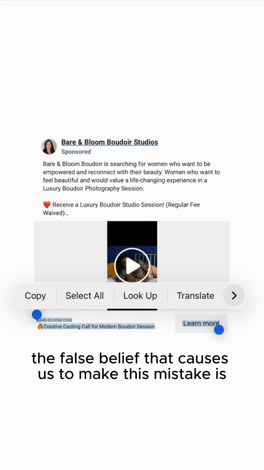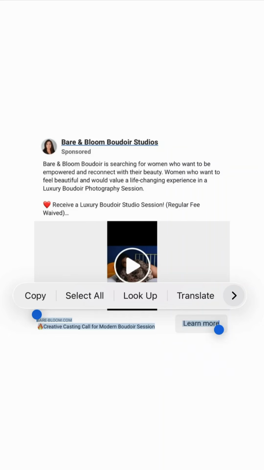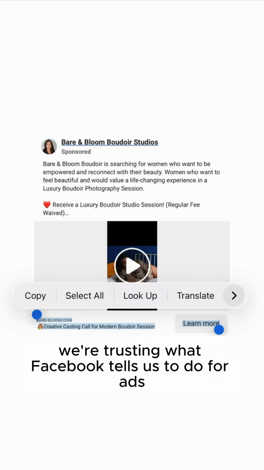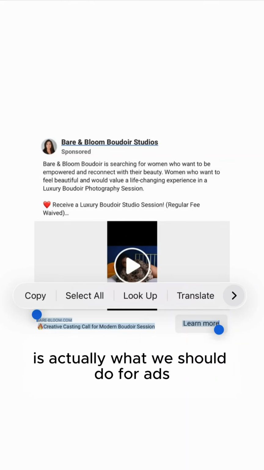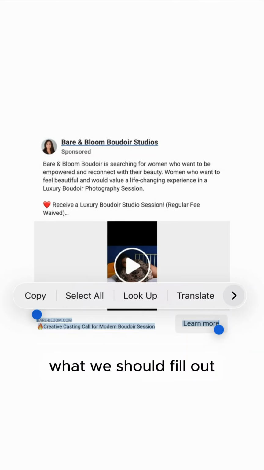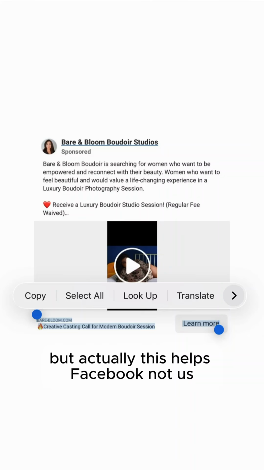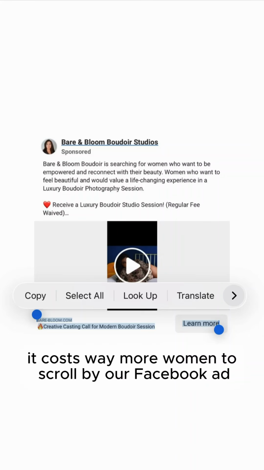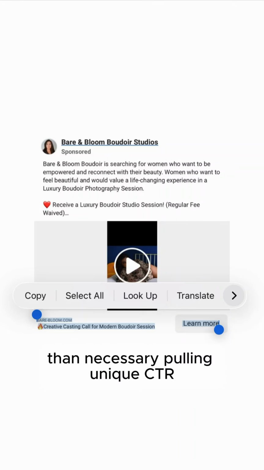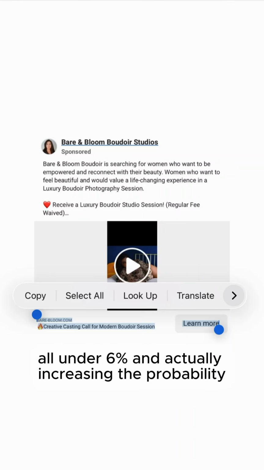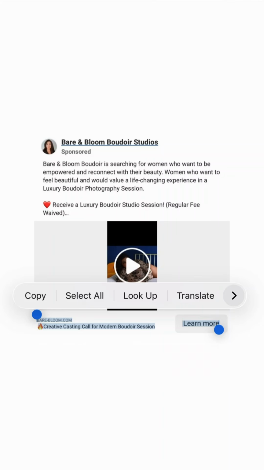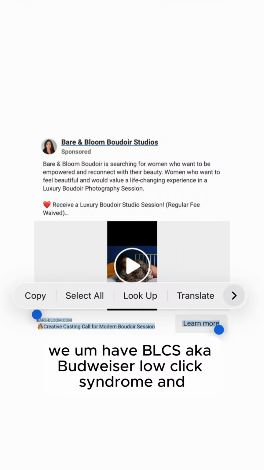The false belief that causes us to make this mistake is we're trusting that what Facebook tells us to do for our ad is actually what we should do for our ads, what we should fill out. But actually, this helps Facebook, not us. It actually hurts us. When we do this, it causes way more women to scroll by our Facebook ad than necessary, pulling unique CTR all under 6%, and actually increasing the probability we have BLCS, aka Boudoir low click syndrome.